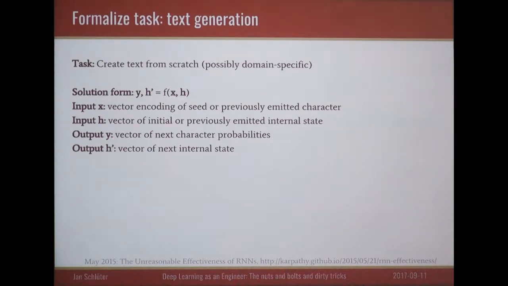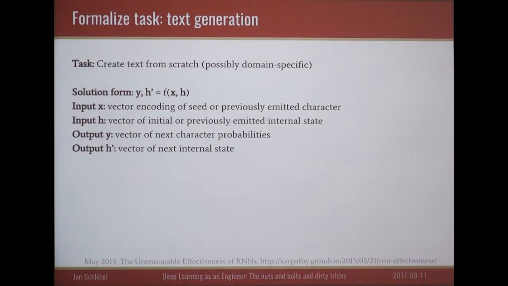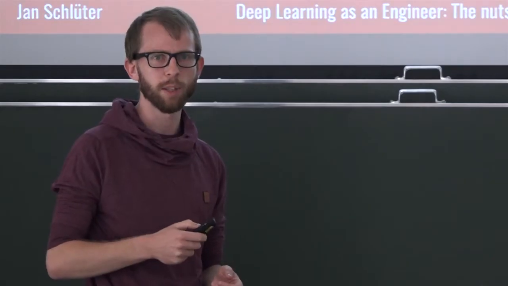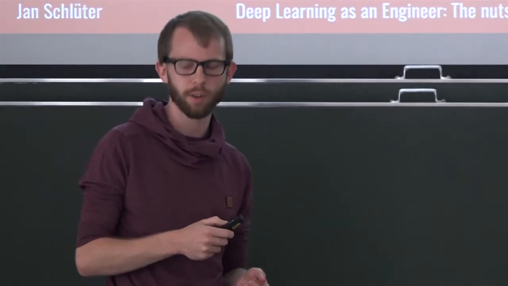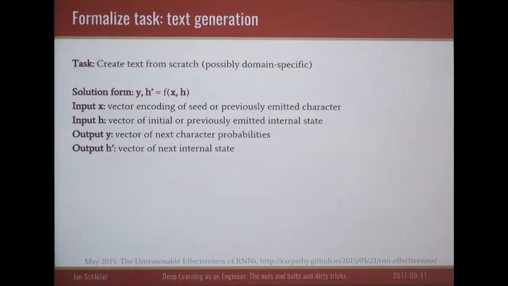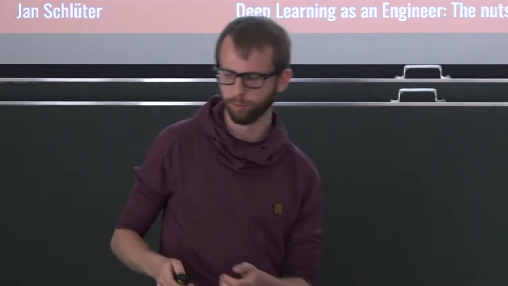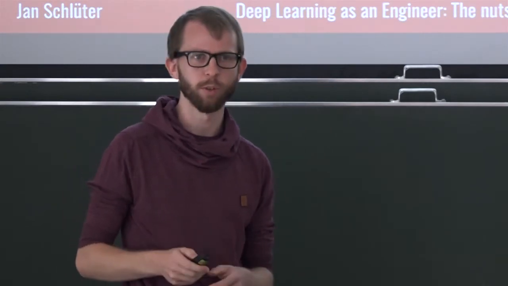And also we have a kind of internal state that we also initialize in the beginning, and then we ask the model to produce a vector of probabilities for the next character and another internal state, and then we insert this back into the model and recurse so it can generate the text character by character. That's one way to formalize this.